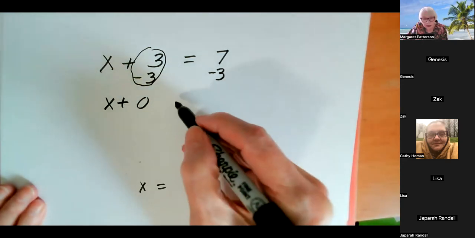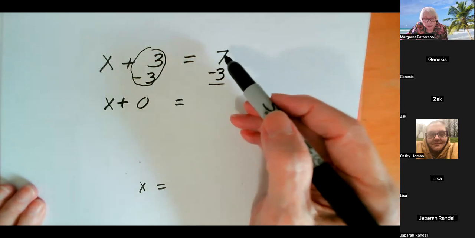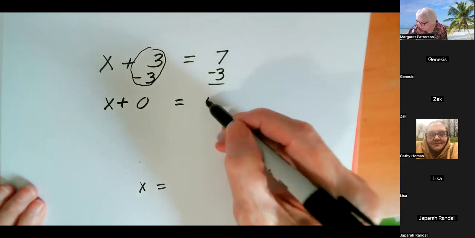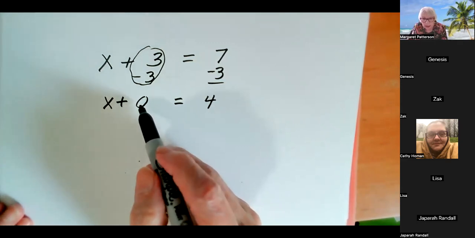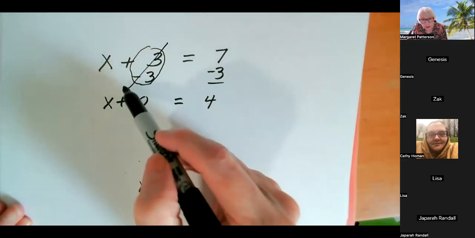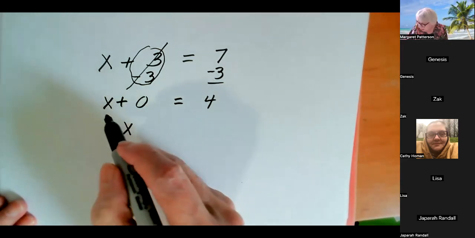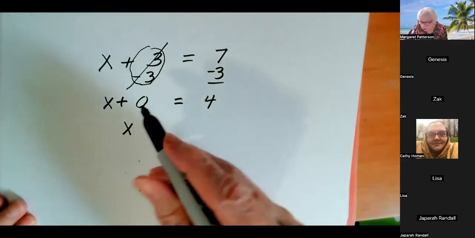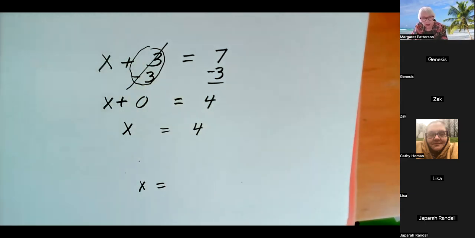So you now have X + 0. Over here, you have 7 take away 3 is 4. Now, most times I don't bother with this step because I know that plus and -3 are 0. So I just go to the last step. The only thing left here is X. The answer is 4.